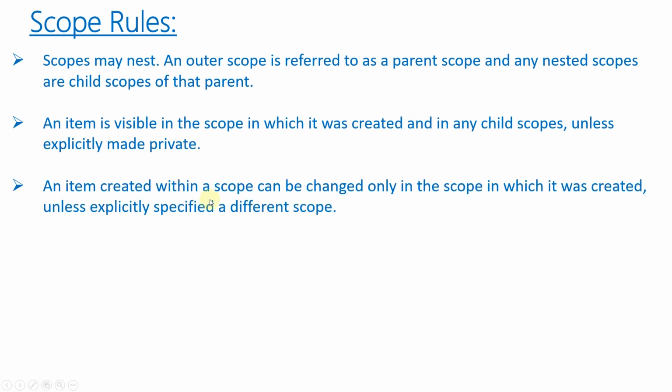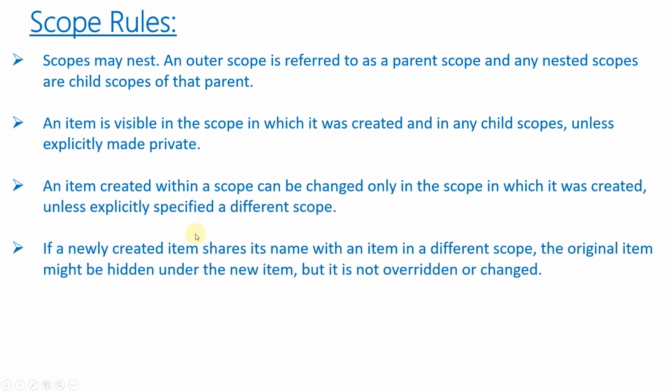Any item can also be changed only within the same scope where it was created unless we make it explicitly for a different scope. And if any newly created item has the same name in a different scope, although the original item might be hidden under the new item, we cannot override or change the content of the item in the new scope.